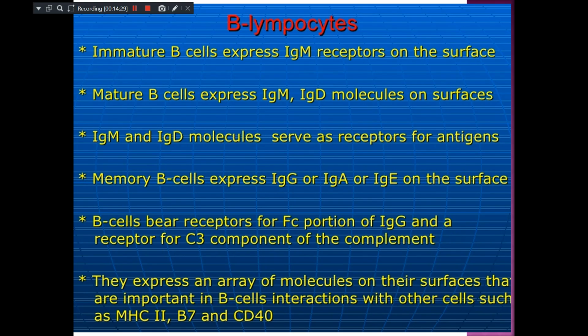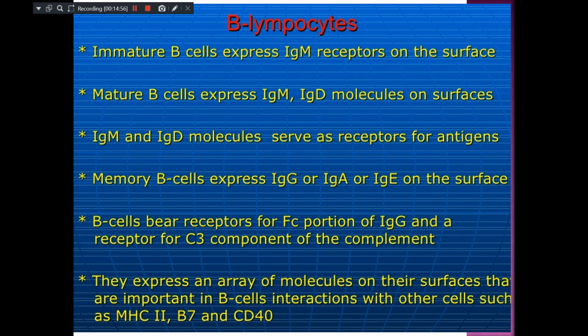Both immunoglobulin M and immunoglobulin D are nothing but the receptors for the antigen, which are found on the surface of the B lymphocyte. On the B lymphocytes there are receptors for antigen, and these receptors are known as immunoglobulin M and immunoglobulin D.